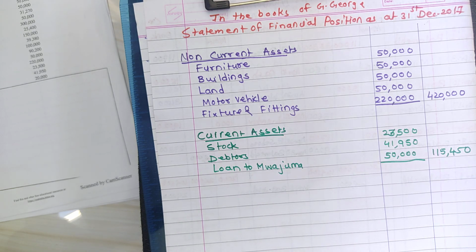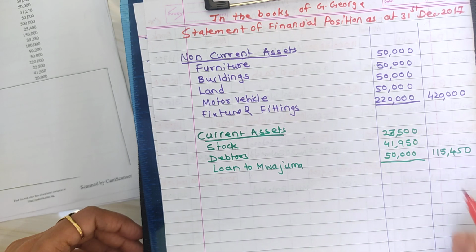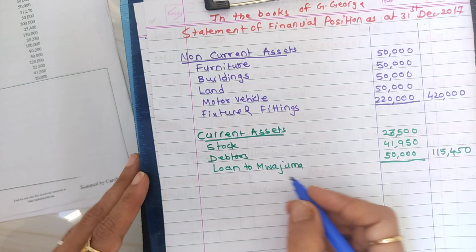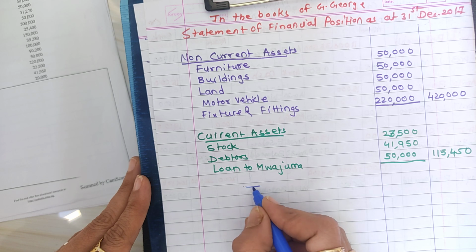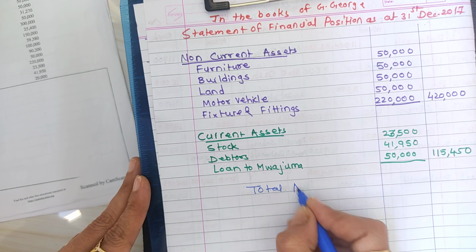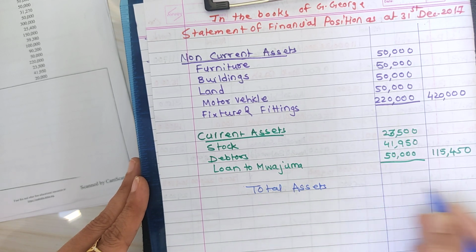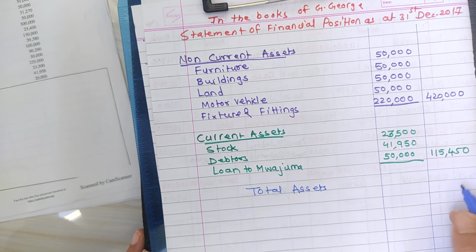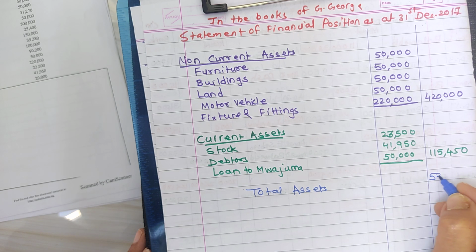After writing all non-current assets and current assets, we will make the total of both the amounts, non-current assets and current assets. So you will find total assets. Okay students, this question is very easy and very scoring, there is just a need of a little practice.